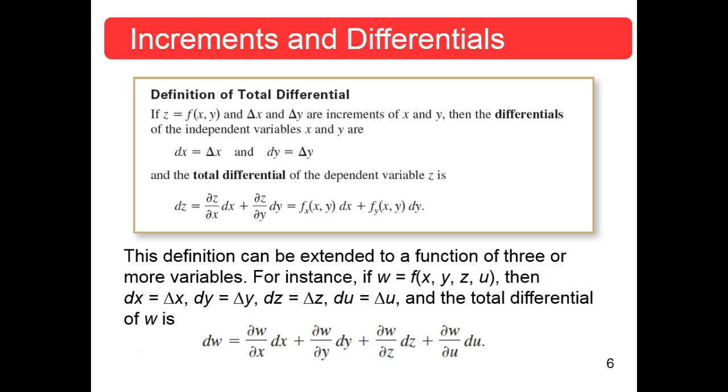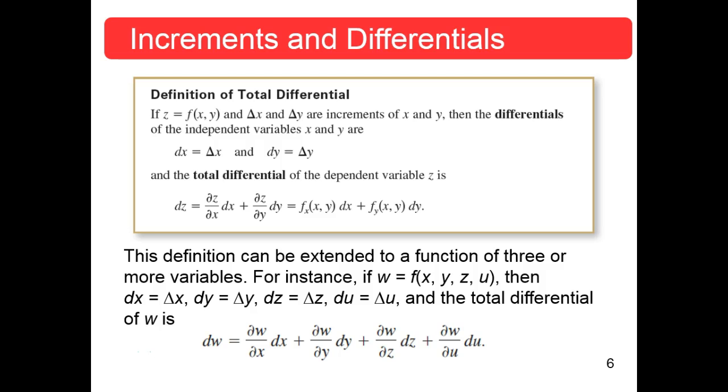Okay? The differentials of those independent variables are the dx and the dy, which correspond to the deltas, but they're not quite the same. And the total differential, if you go back to what we did before, where we had a delta z, the total differential, the change of z, would be the partial of z with respect to x times the dx.